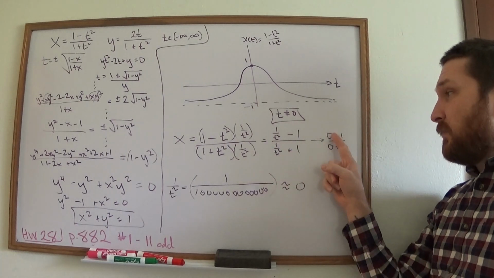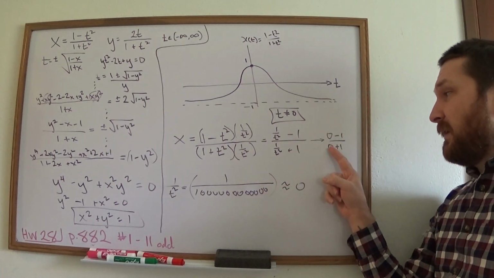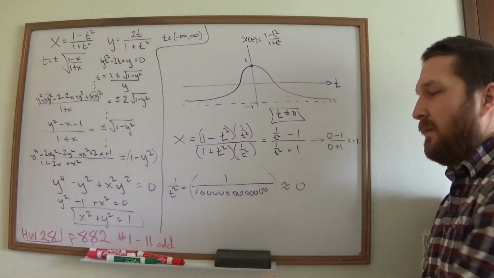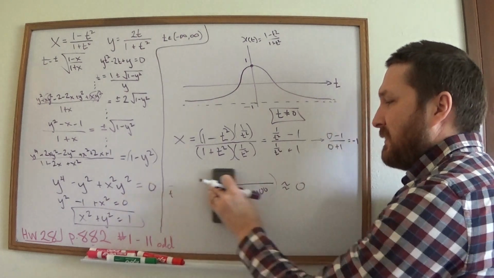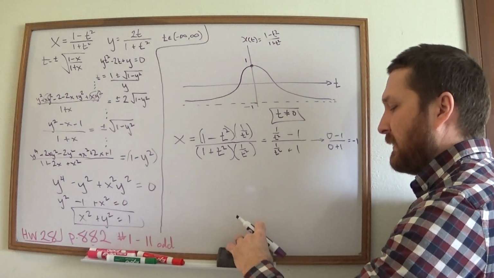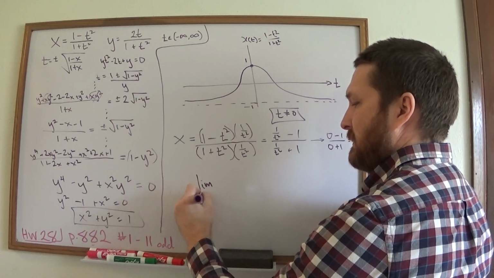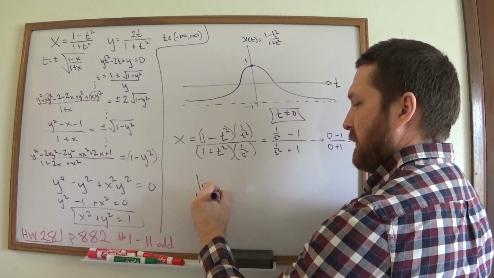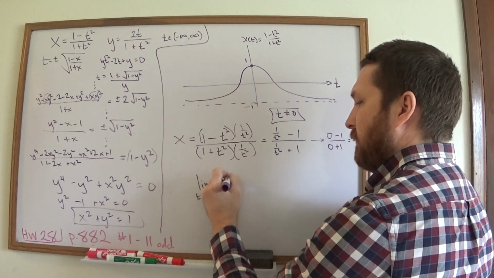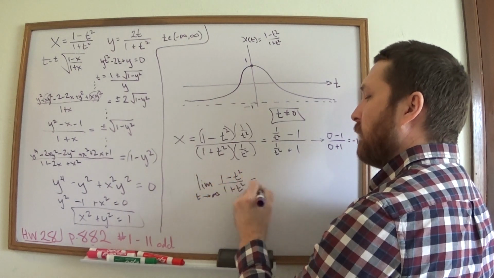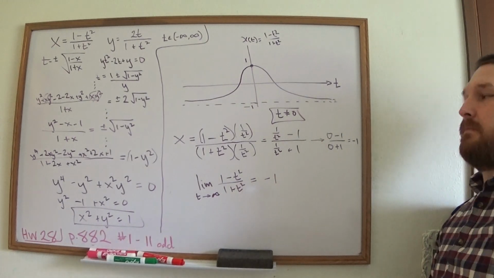And it turns out that when you make t very, very, very big, then you get -1. We'll talk about this in depth in calculus, but the way of writing this is to say that the limit as t goes to infinity of our x function is equal to -1.